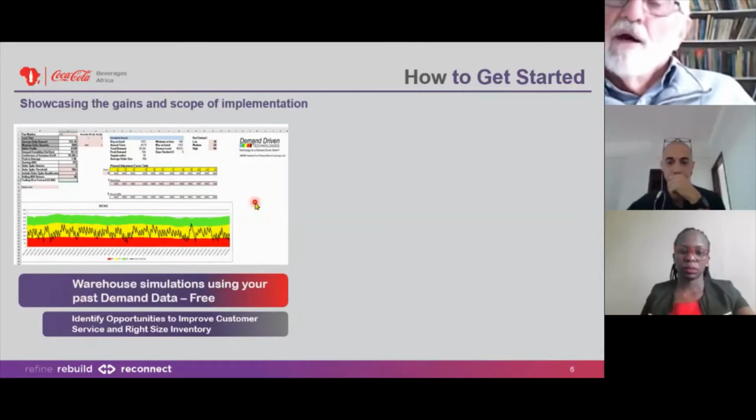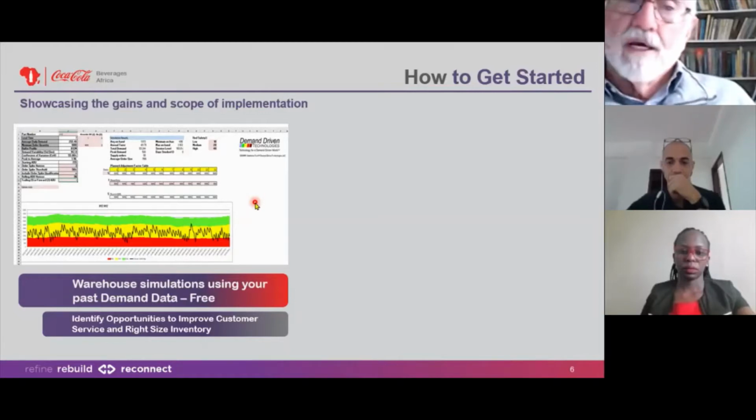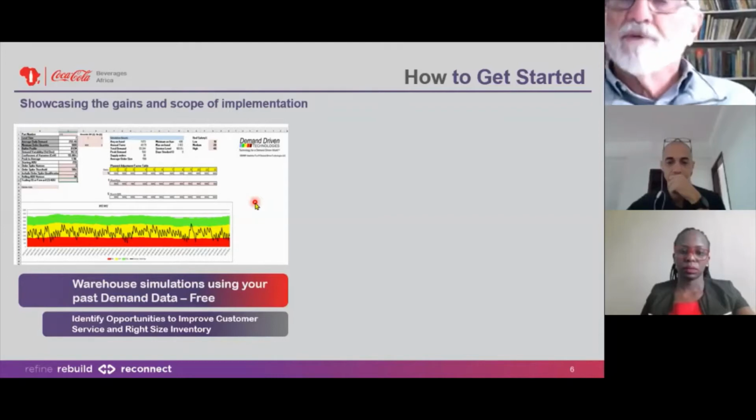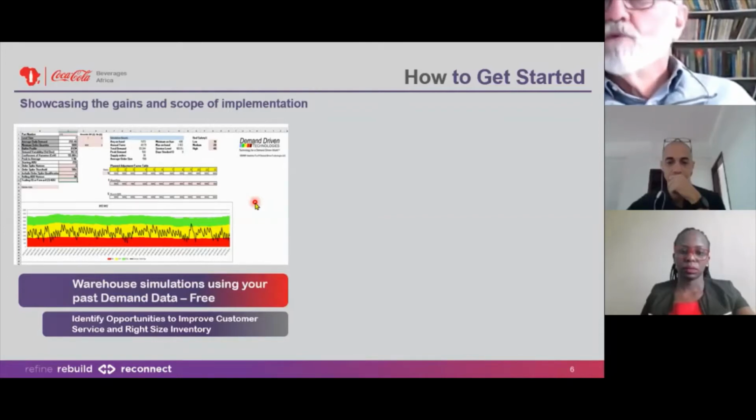And we can see what benefits you might get from putting in a DDMRP implementation. As far as right sizing your inventory, in most cases people have too much inventory, and so we find we get an inventory reduction. But I think the key of DDMRP is improving customer service and then right sizing your inventory.